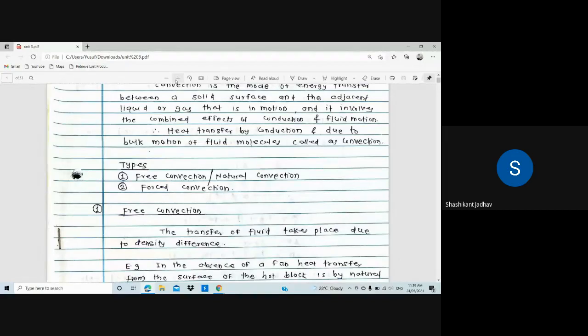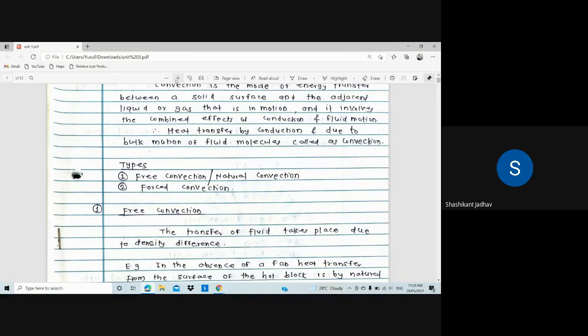So all of you write down the types of convection. First type, that is free convection or natural convection.